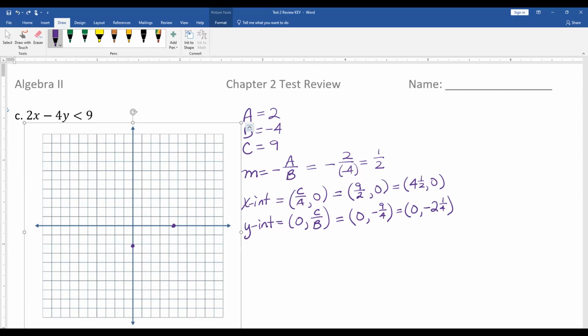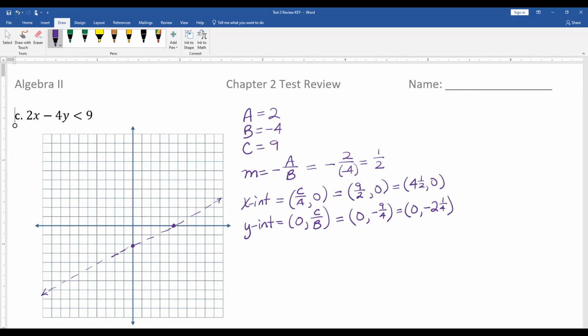So the boundary line must be dashed because it's not included. So somewhere like this, and it does go forever in a straight line, somewhat straight. I can't draw a straight line, much less dashed.